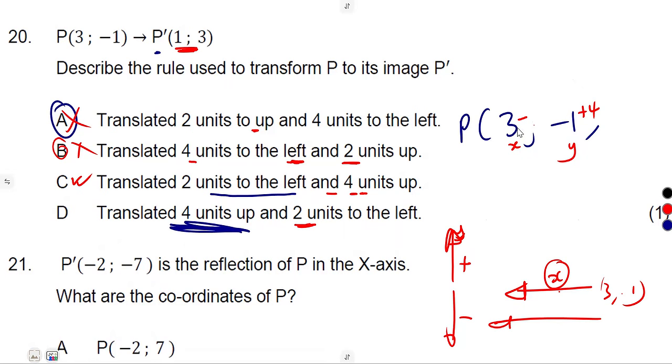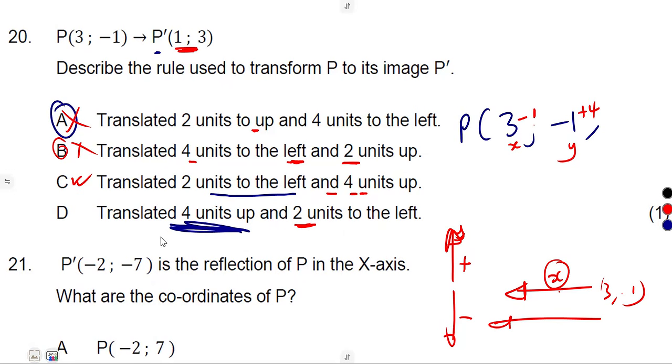So that is translated 4 units up and 2 units to the left.